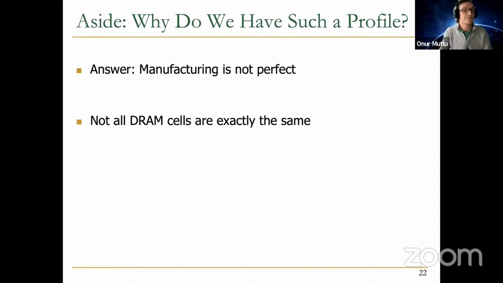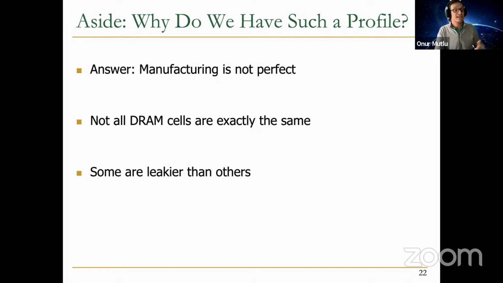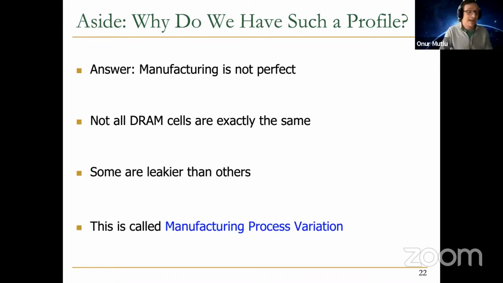Because of manufacturing variation, not all DRAM cells are exactly the same. Not all capacitors are the same. Not all transistors are the same. Not all wires are the same. As a result, some cells and capacitors are leakier than others, whereas some are much less leaky than others. This is called manufacturing process variation, and it exists in all components you build. Certainly electronic components, but also non-electronic components, right?